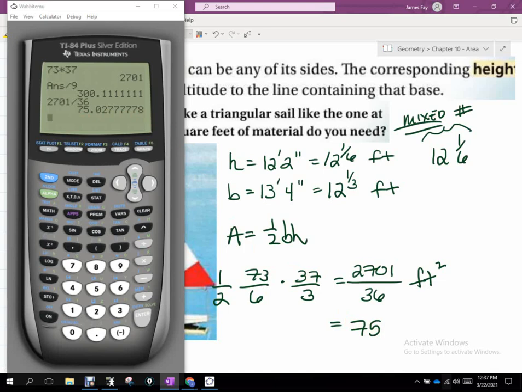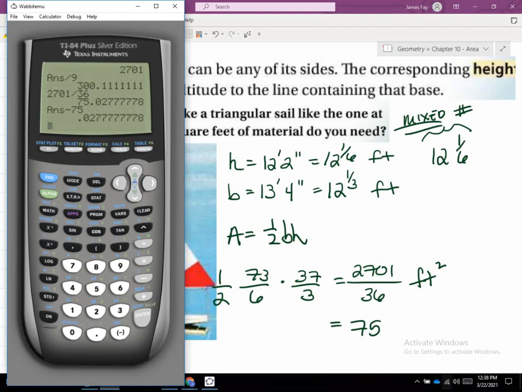Okay. Does anybody know how I get the square inch part now? Multiply what by 12? This is square inch. This is right now in square feet. Okay. So I'm trying to get the portion of the 76th square foot, right? So I'm going to subtract 75 from that number right now.